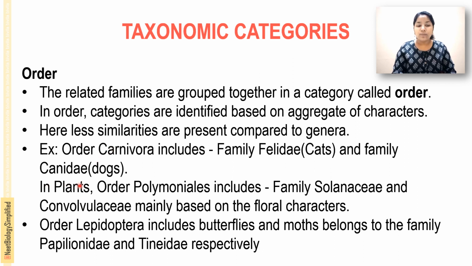And in the case of plants, order Polemoniales includes family Solanaceae and Convolvulaceae, mainly based on the floral characters. That is, family Solanaceae and family Convolvulaceae come under a single order, Polemoniales. They are grouped based on their floral characters.